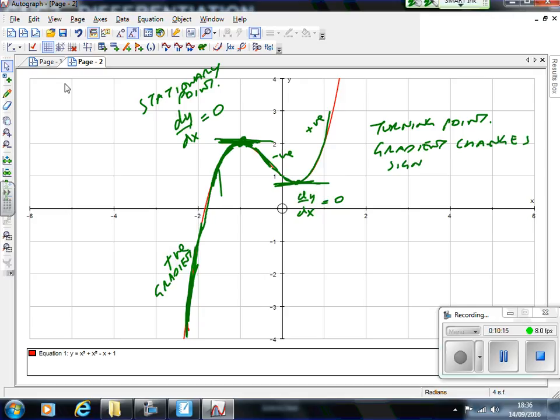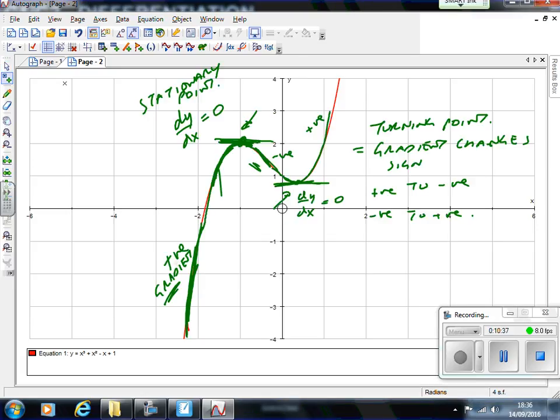So when it goes from positive to negative or negative to positive. So with this clearly positive gradient to negative gradient either side of a stationary point, this is a turning point and this is a turning point, all right? Because our gradients change sign.